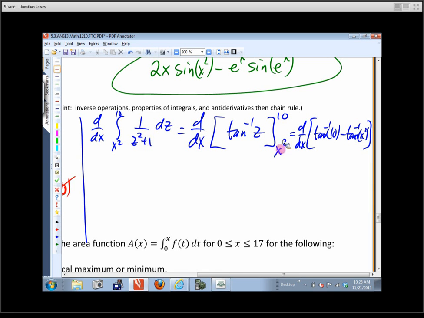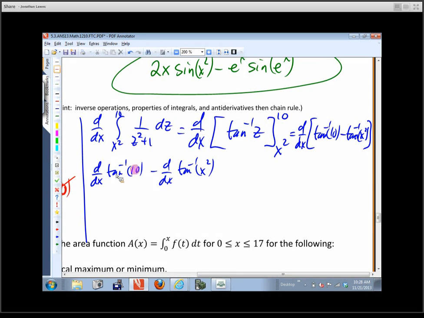We'll evaluate it at the upper limit, subtract what we get when we evaluate it at the lower limit. So here's what I'm going to find. I'm going to find the derivative with respect to x of the tangent inverse of 10 minus the derivative with respect to x of the tangent inverse of x squared. That's what I'm after, right? I can differentiate term by term.